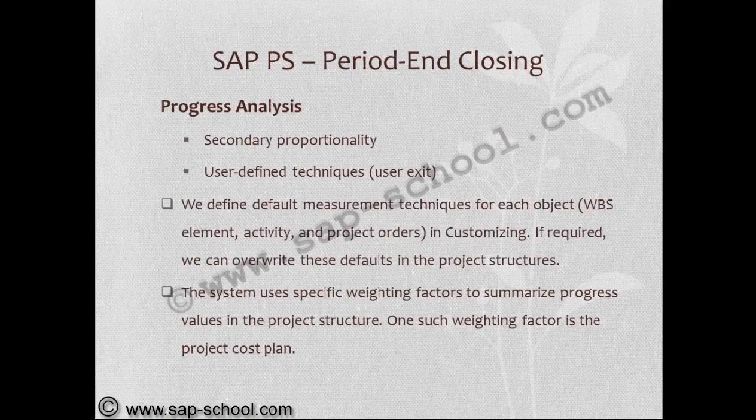We define default measurement techniques for each object, that is a WBS element, activity, or project order, in customizing. If required, we can override these defaults in the project structures also. The system uses specific weighting factors to summarize progress values in the project structure. One such weighting factor is project cost plan.